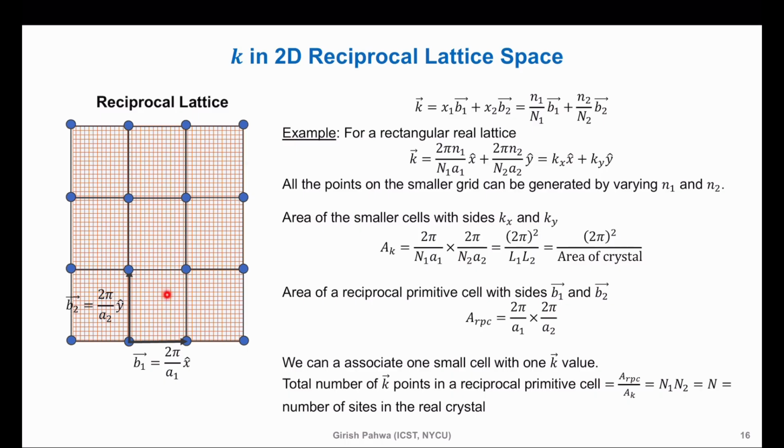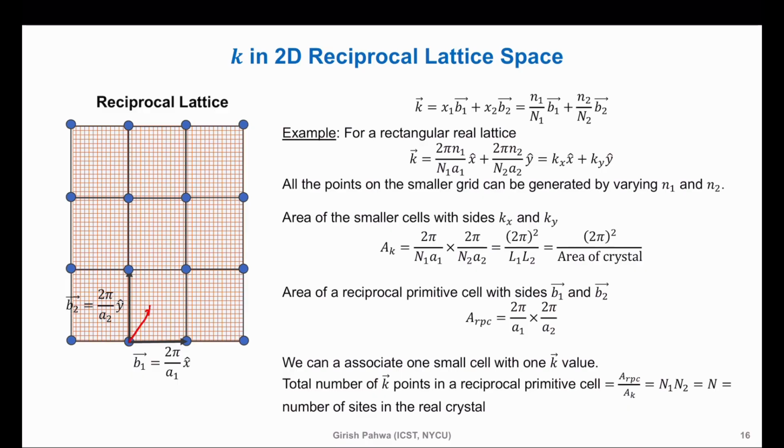Yes. Now what I want to calculate, I want to know, so 1 k vector, say this. So this represents 1 point, and I can associate one small square with one k point, like this. So if I have say one k vector here, right?